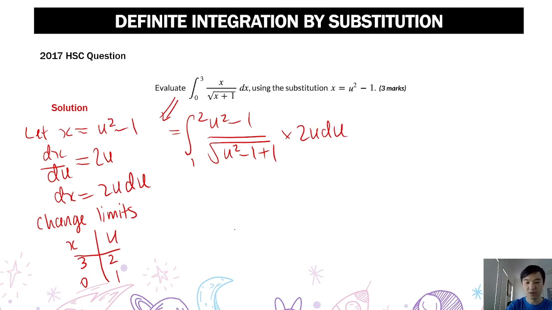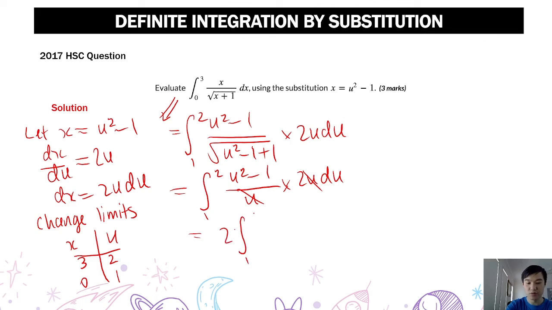When I simplify, the top is u squared minus 1, and u squared minus 1 plus 1 is just the square root of u squared, so it will just be u here. This u cancels out with that u. So if I take the 2 to the front, we get 2 times the integral from 1 to 2 of u squared minus 1 du. And this, you can see, is much easier to integrate compared to integrating this directly.